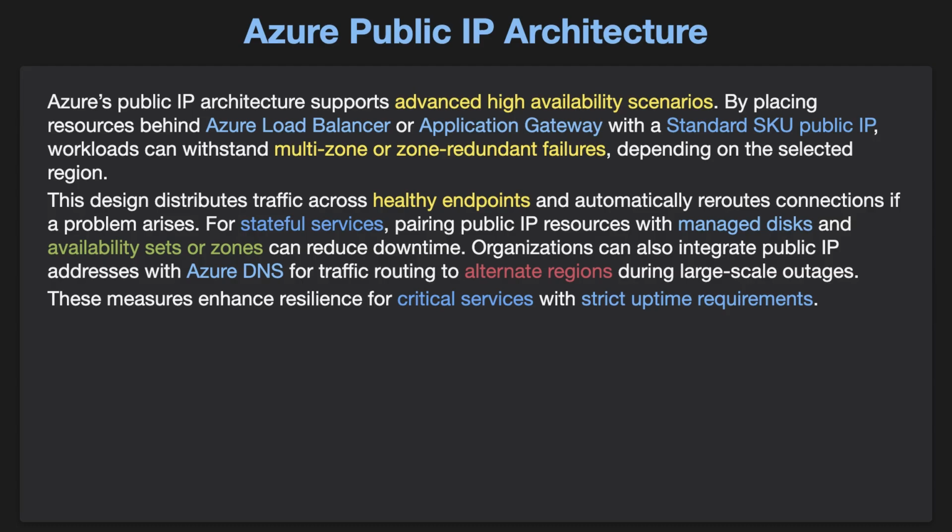For stateful services, pairing public IP resources with managed disks and availability sets or zones can reduce downtime. Organizations can also integrate public IP addresses with Azure DNS for traffic routing to alternate regions during large-scale outages. These measures enhance resilience for critical services with strict uptime requirements.